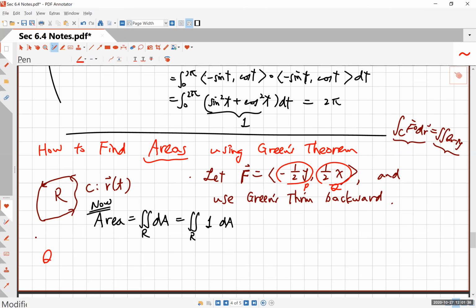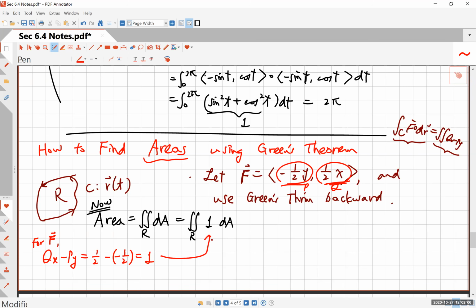In this case, for this vector field F, and that's why this vector field F is carefully chosen, what is Qx minus Py, which is the curl of F? Well, Q is 1/2 x, so it's 1/2 minus what's the Py? The partial of P with respect to y is negative 1/2. And so it is actually 1.